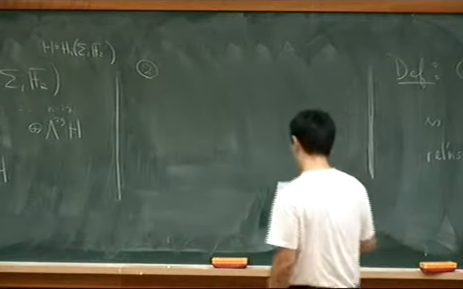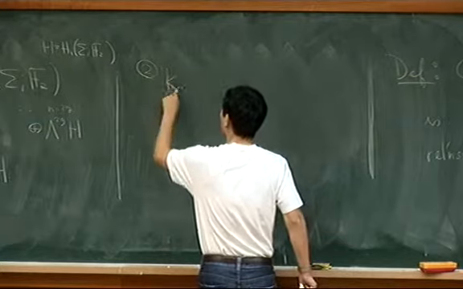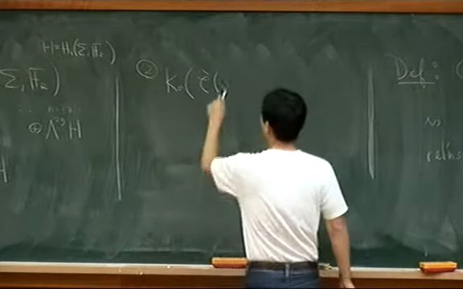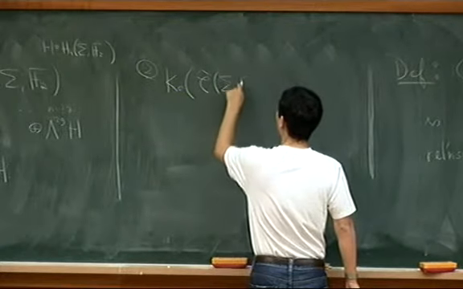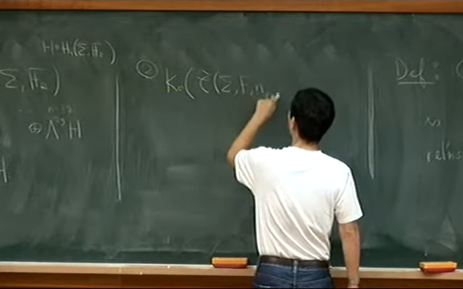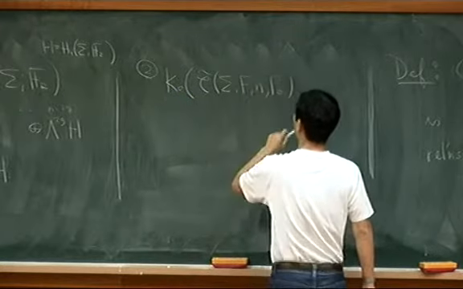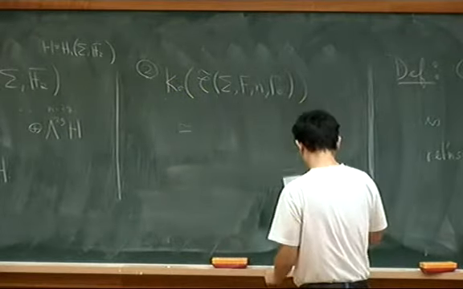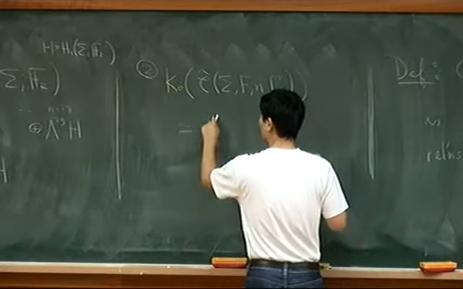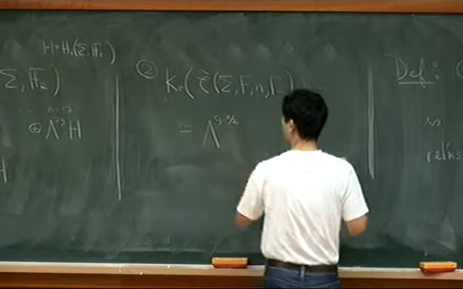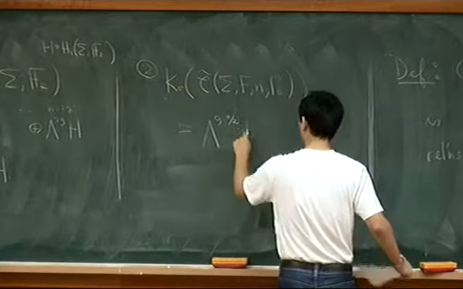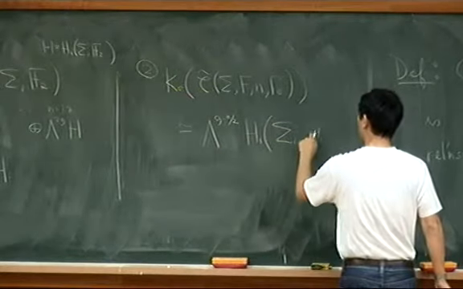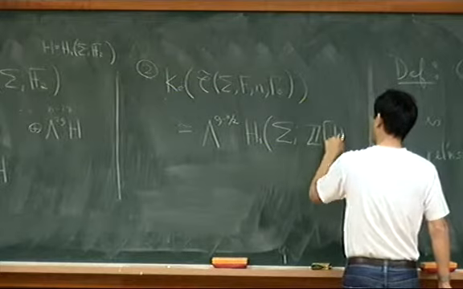The second thing is that if you're interested in this universal cover version, K0 of C tilde of sigma, F, n, where you pick some dividing set in this connected component, then this is isomorphic to something a little bit more complicated: some index times H1 of sigma with some strange coefficient ring.